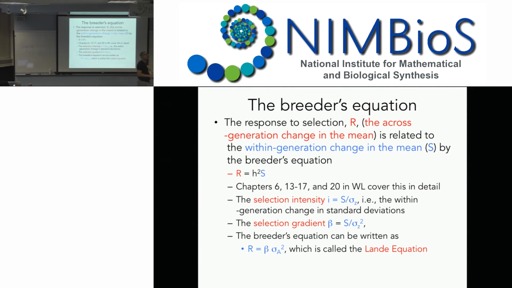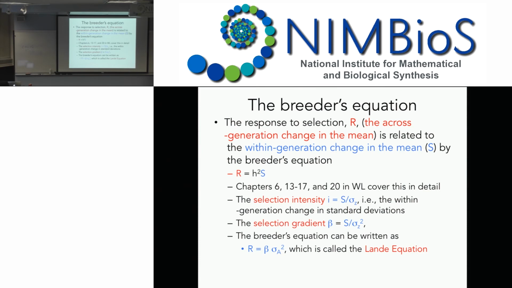That's your quick, super quick overview of quantitative genetics. What are the key concepts moving forward? When I talk about quantitative traits, the phenotype depends upon the genetics and the environment. The genetics depends upon the mating system. If I have clones, my whole genotype gets passed on to the offspring.